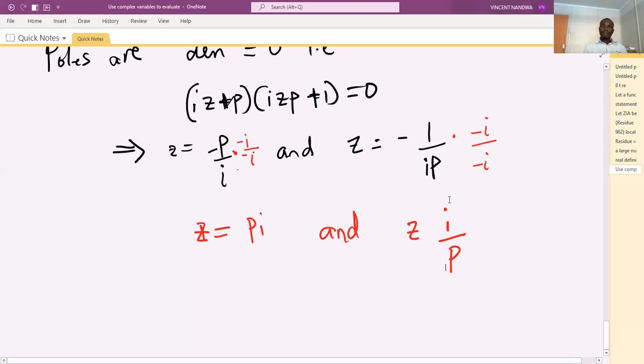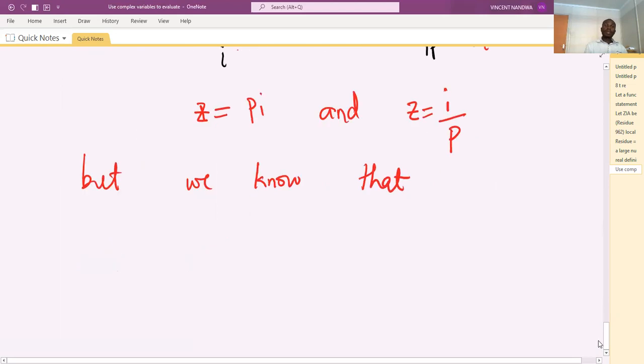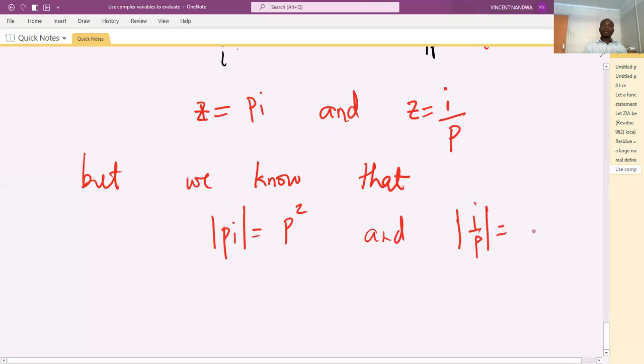But we know that modulus of pi is the same as p squared, and modulus of ip the same as 1 over p squared.